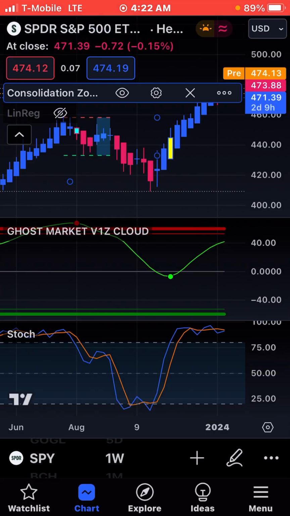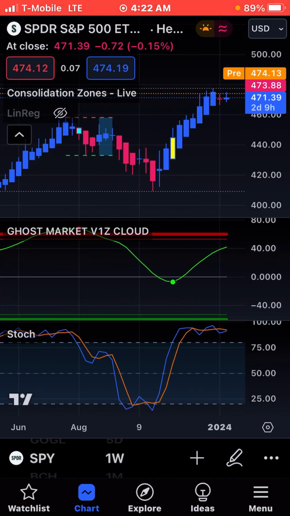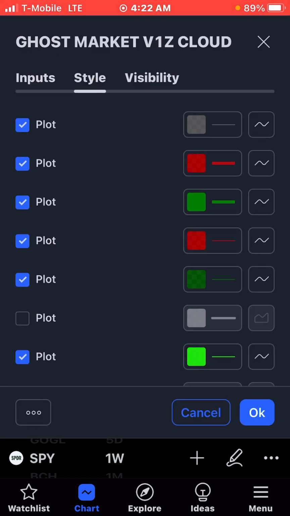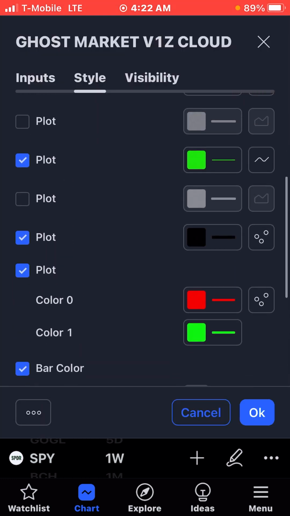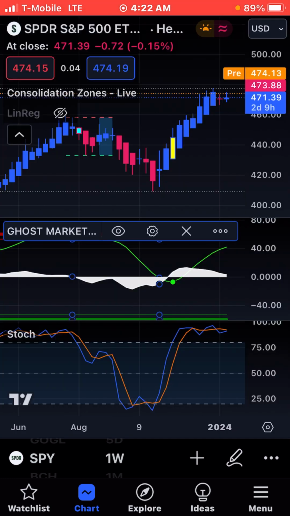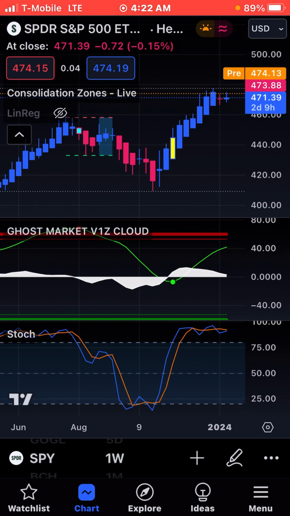And then you're going to need the Ghost Market Pro cloud. I turned off the cloud, now I turn it back on. So you see the Ghost Market Pro cloud is what you're going to need. That's a paid indicator. Get it if you want, it's very helpful in my opinion. And then I also have stochastic. The only thing that's paid here is the cloud.